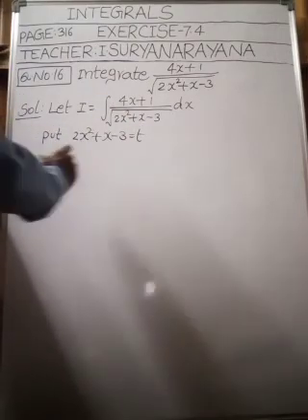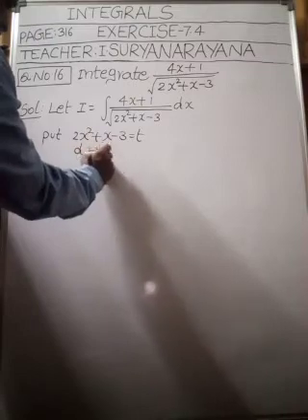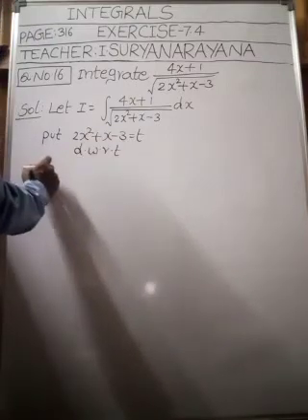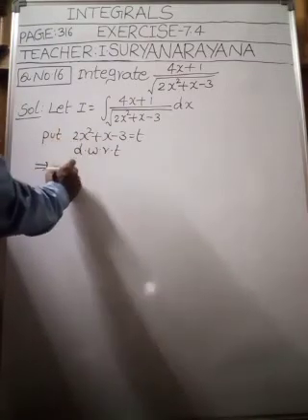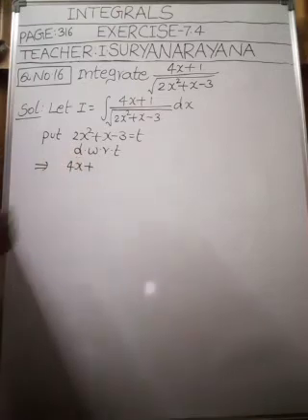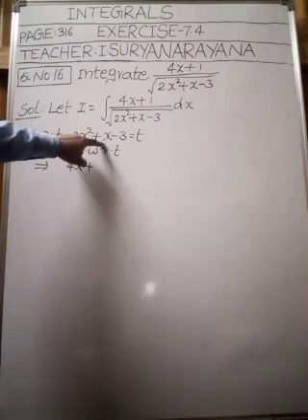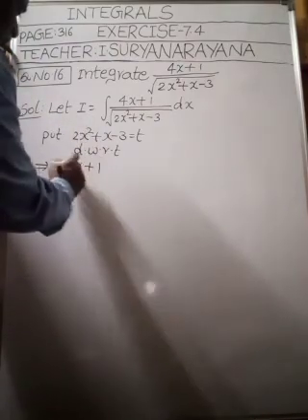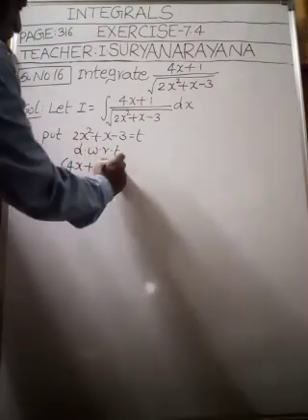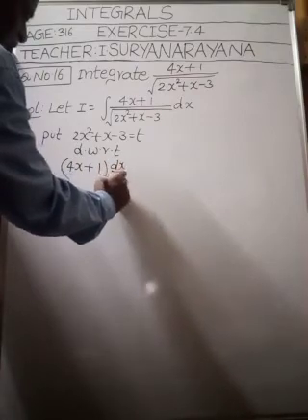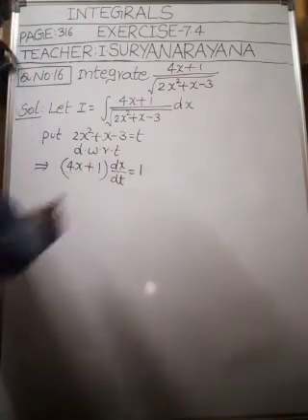Differentiating with respect to x, what will you get here? 4x, the derivative of 2x square, plus 1, the derivative of x, into dx by dt is equal to 1.